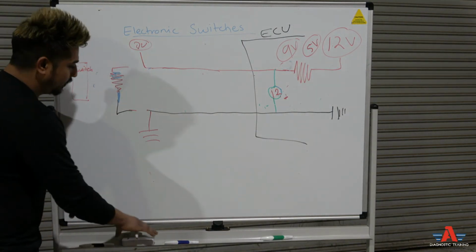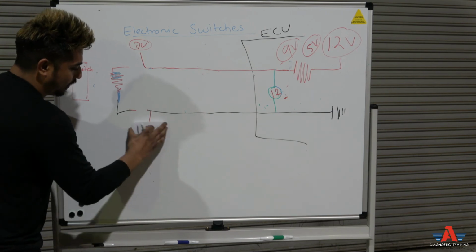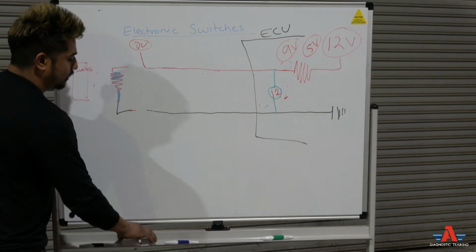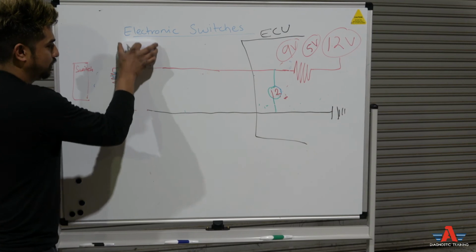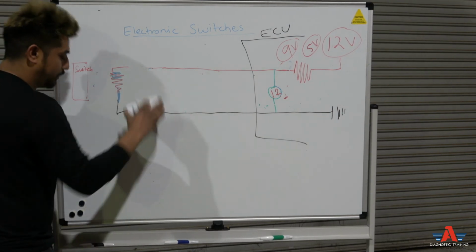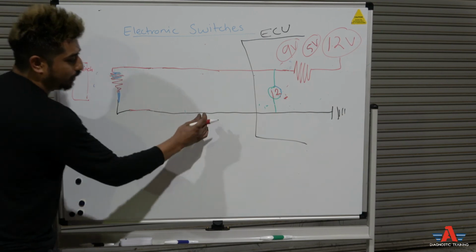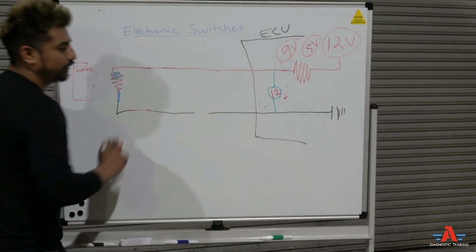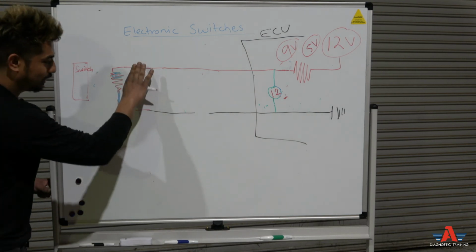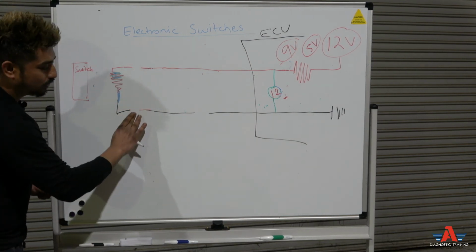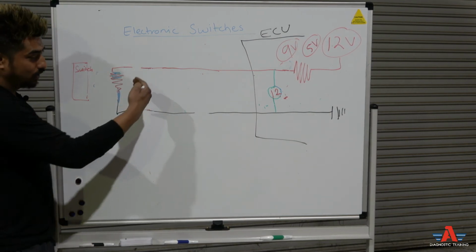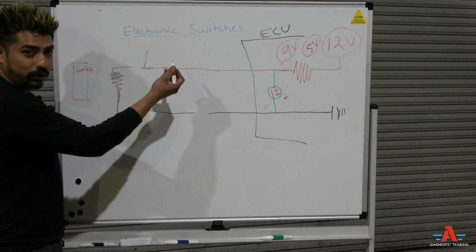Okay, now let's say you got a problem with your earth wire. Your earth wire is broken right here, right? Same exact thing. Disconnect the switch, check if there's a 12 volt present there.